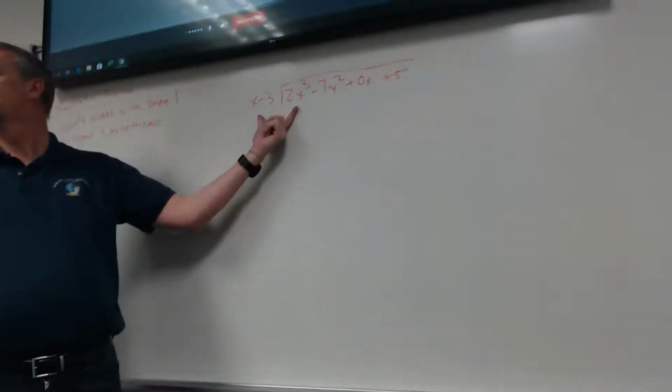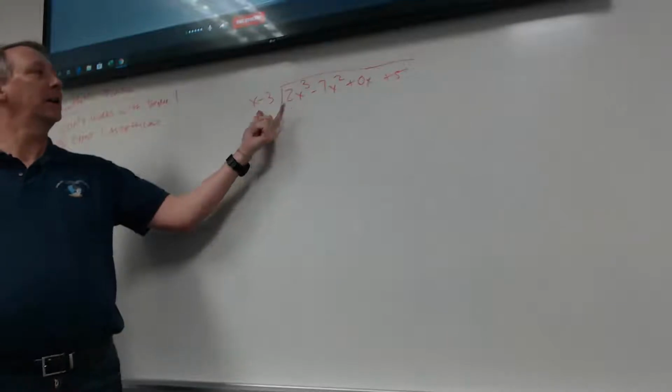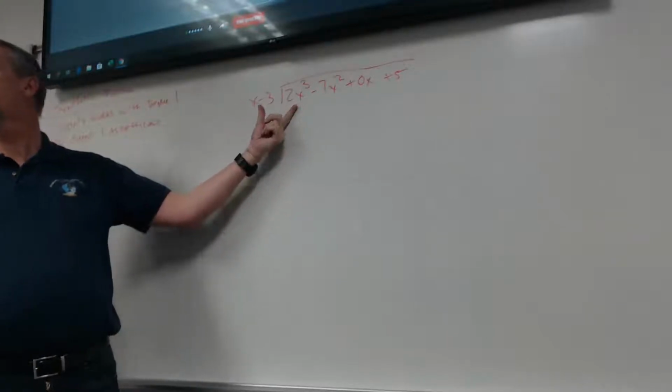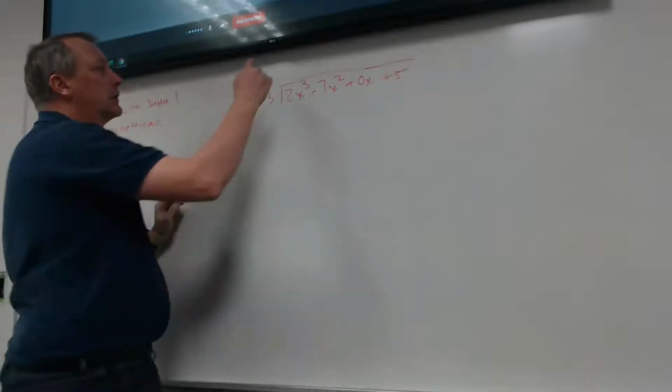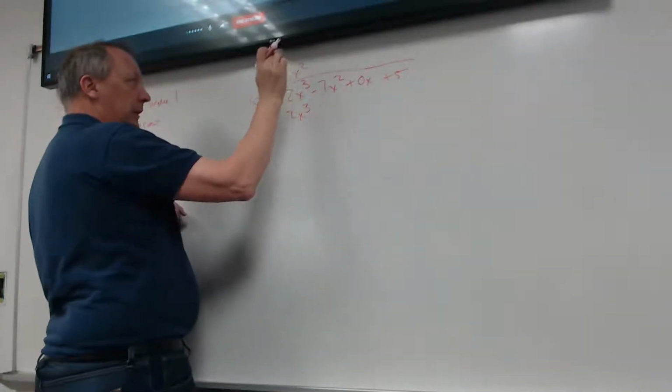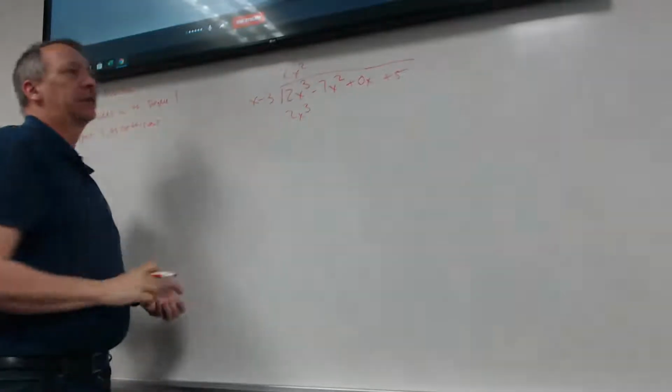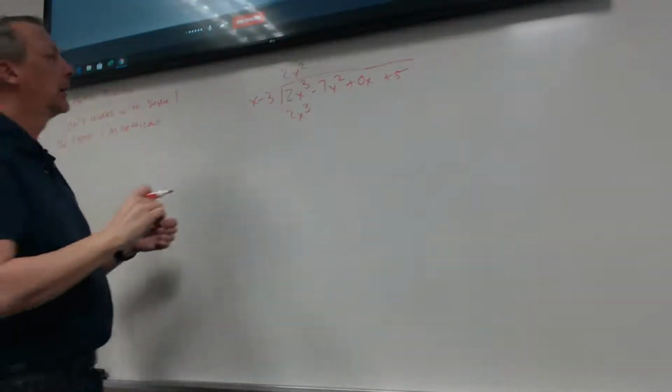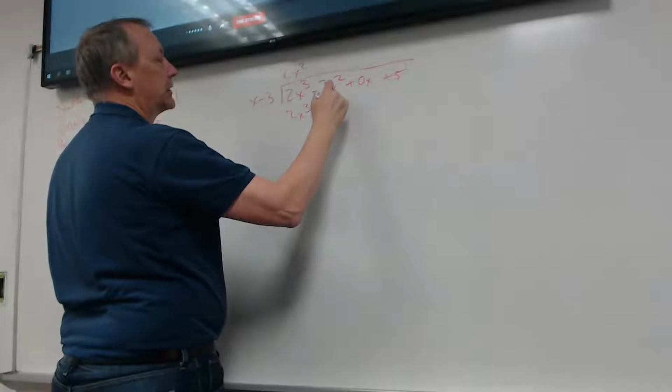So, Ryan, do you remember how to do regular long division? Yeah. Okay, x times what is 2x cubed? 2x squared. 2x squared times x is 2x cubed. 2x squared times negative 3 is negative 6x squared.